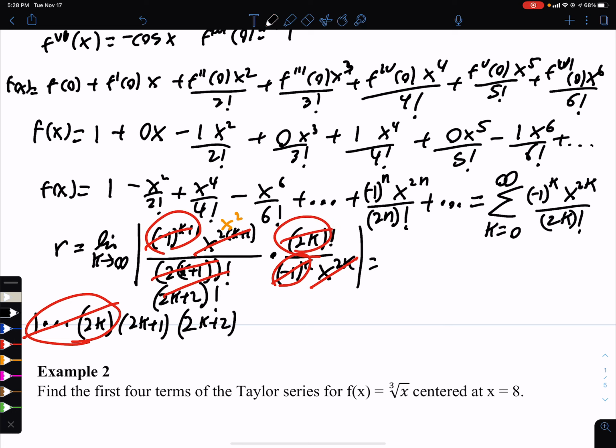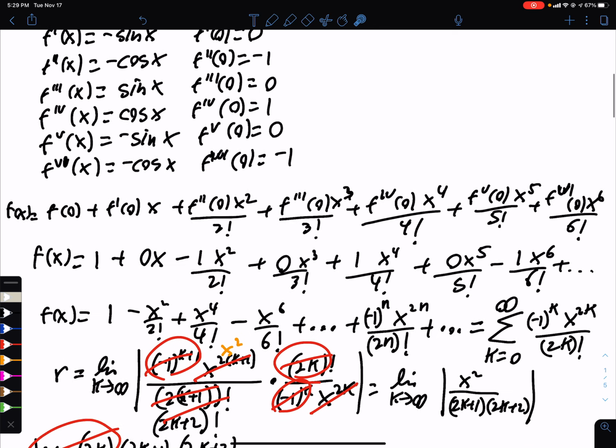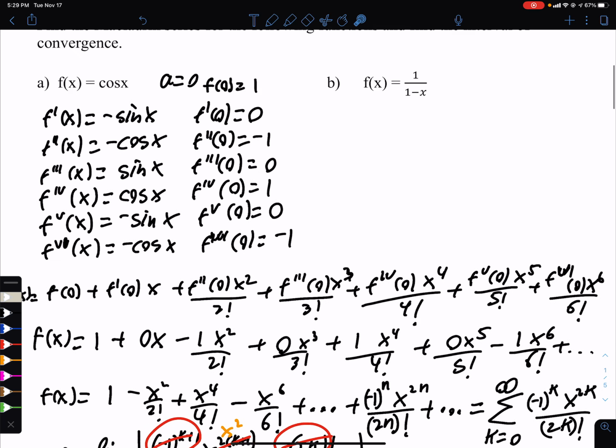And what do we have? We have the limit as k goes to infinity. And on top, we have x squared. And on the bottom, we have 2k plus 1, 2k plus 2. And here's some weird thoughts. X squared is actually a constant. Because if you want to find like cosine of pi, you would put pi for all your x's.